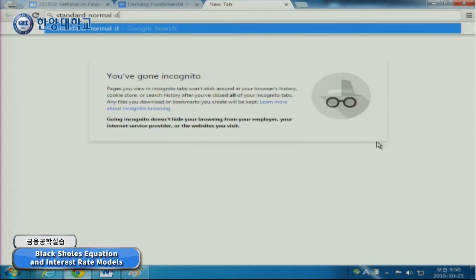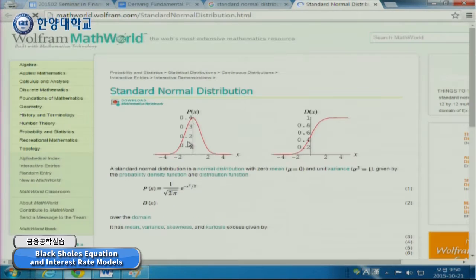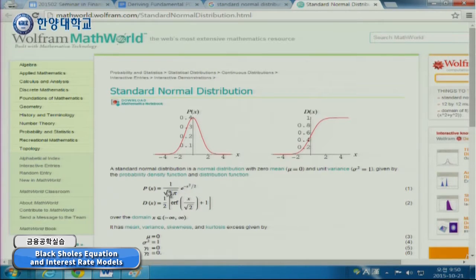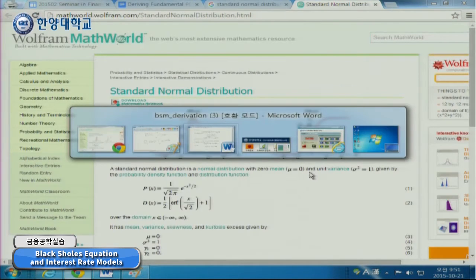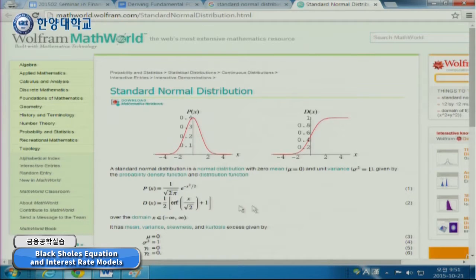If we Google standard normal distribution, then on MathWorld we have this PDF, this one. And this D function here is the same as this N. And in Excel, you can calculate this. In Excel, there is an NORMSDIST function over here. So you can get the values of those.